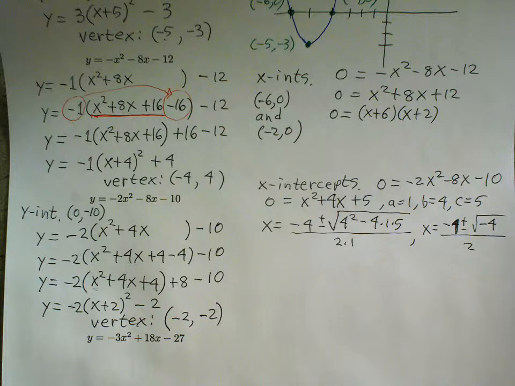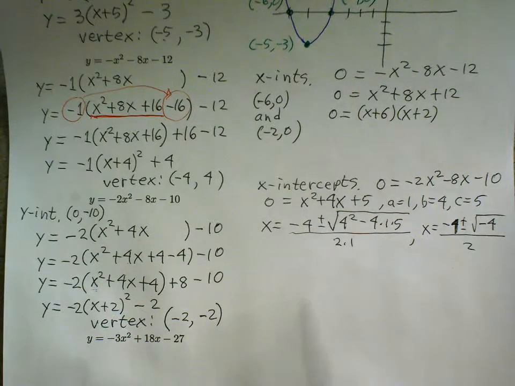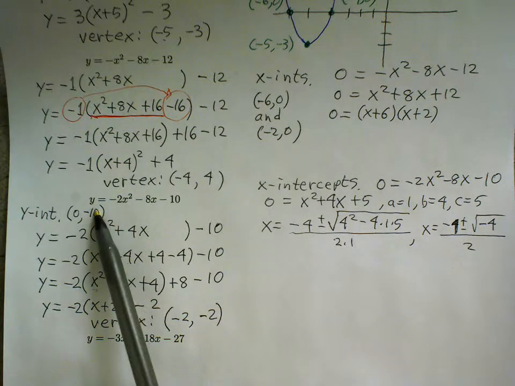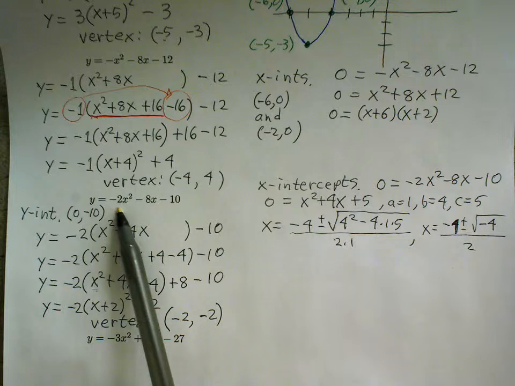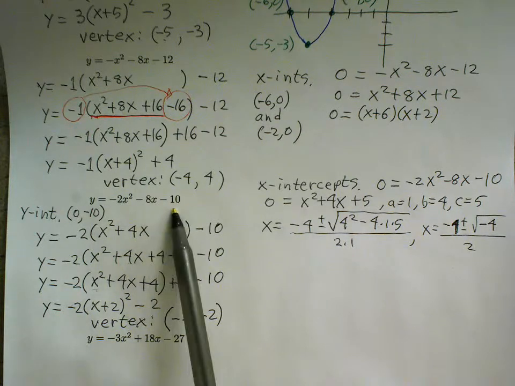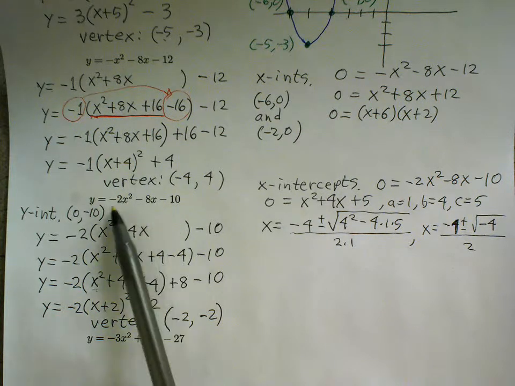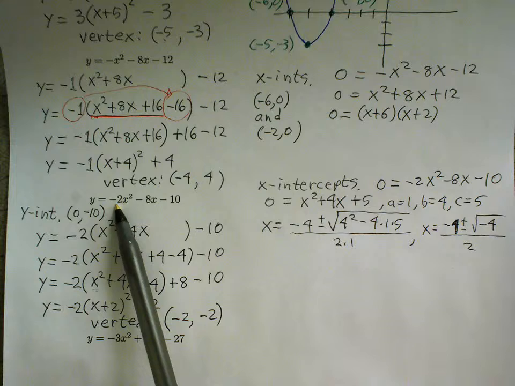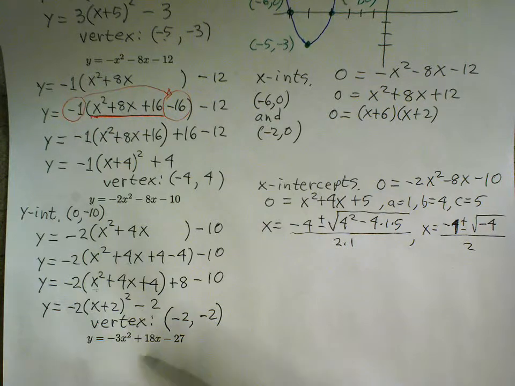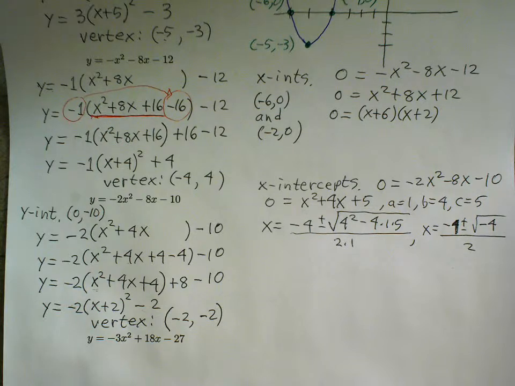But we could have known that earlier. This quadratic function, y equals -2x squared minus 8x minus 10, the leading coefficient is negative, so we know the parabola opens down, and the vertex is below the x-axis. So the parabola does not intersect the x-axis, so there are no x-intercepts.